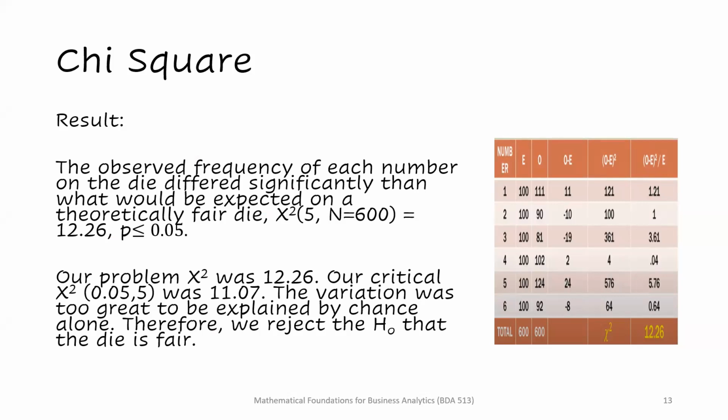Our critical value for the chi-square, given the probability error rate and the degrees of freedom, was 11.07 from the distribution table. So the variation was too great to be explained by chance alone. Therefore, we reject the null hypothesis that the die is fair.